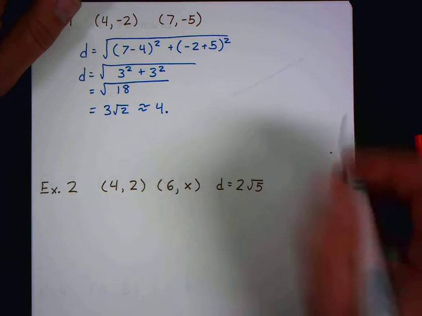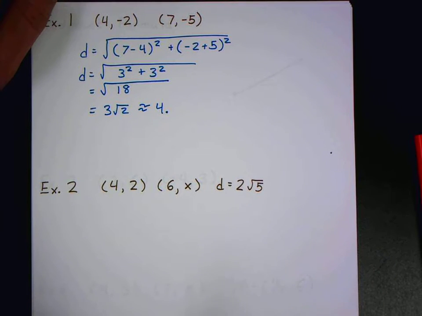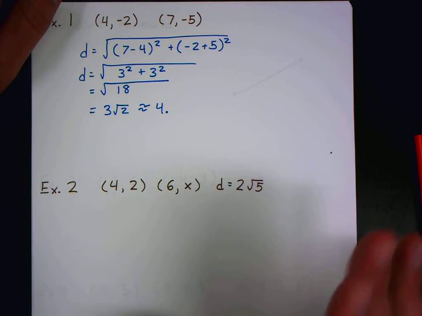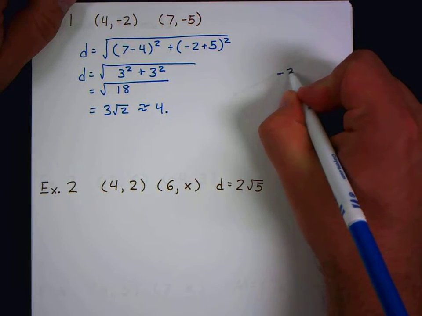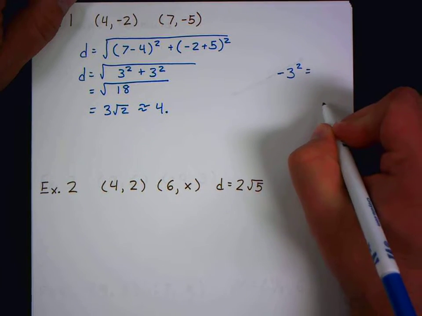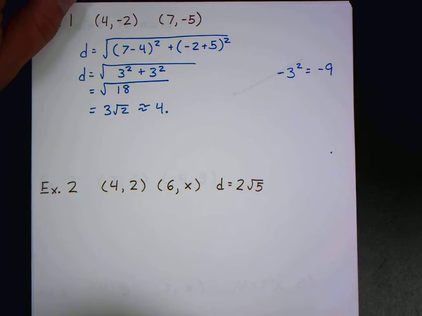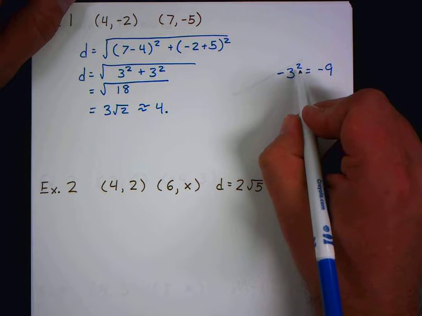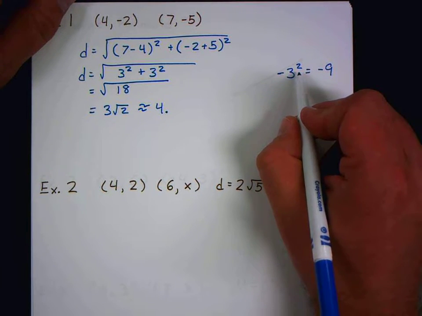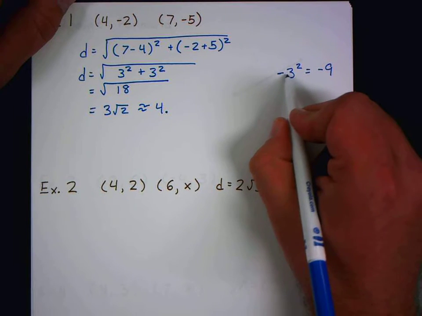The other thing to watch out for in your calculators, I'm hoping you guys know this, but sometimes people don't. In your calculator, if you take negative 3 squared, it is going to tell you that that equals negative 9. That does not equal negative 9. Because your calculator does order of operations. Order of operations says exponents first. It sees this as a multiplication.